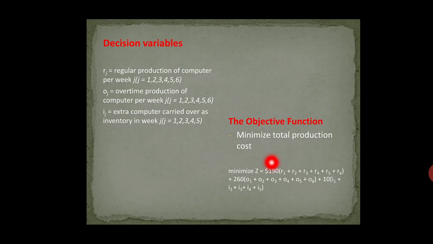So $190 times the regular production of computers per week, plus 260 times the overtime production per week, plus 10 times the inventory carried per week.